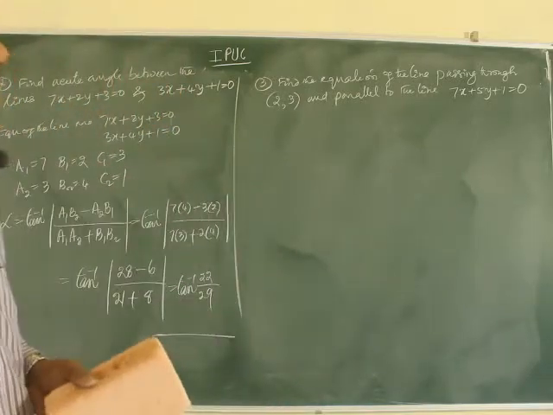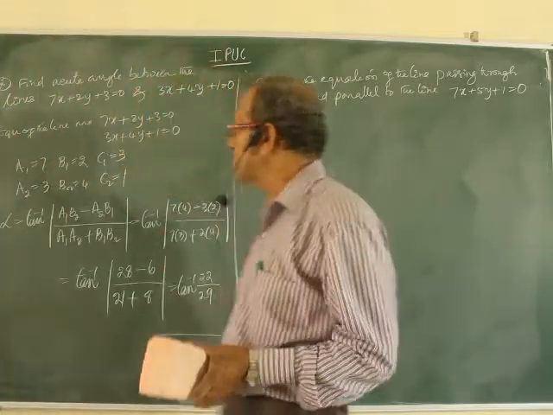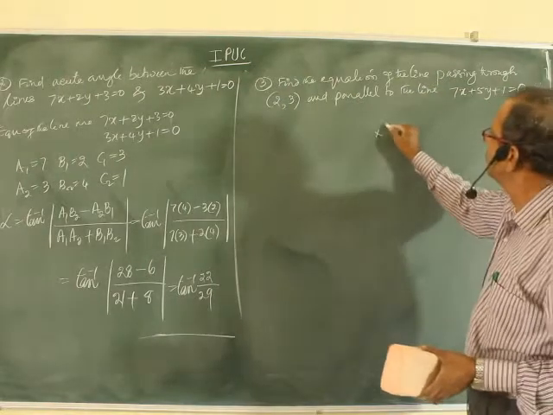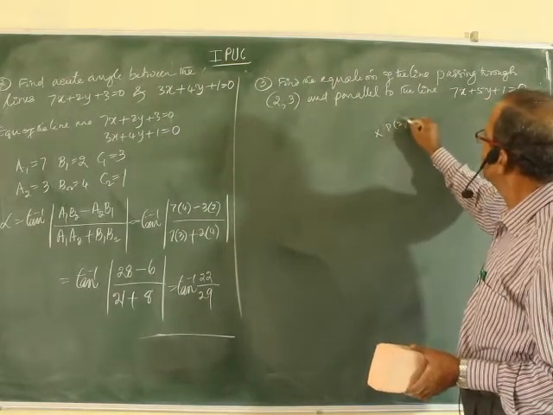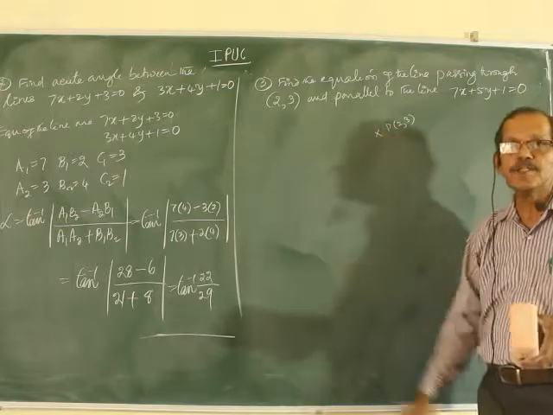Find the equation of the line passing through the point 2, 3. You have to find the equation of the line passing through this point.